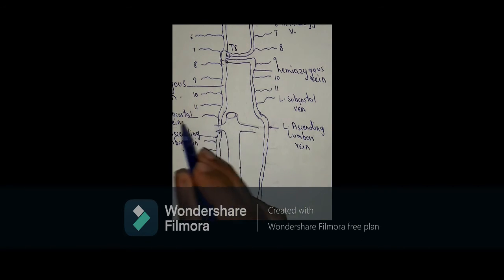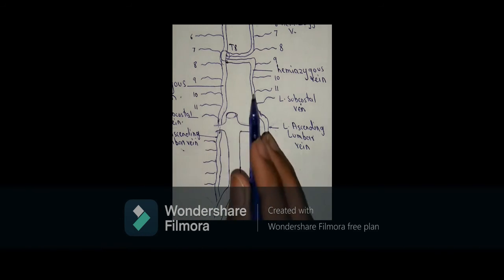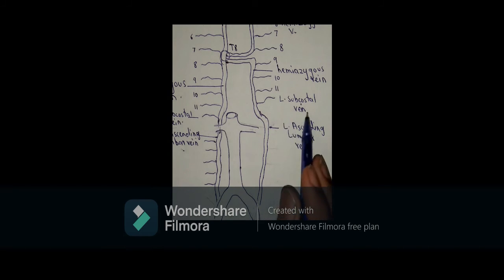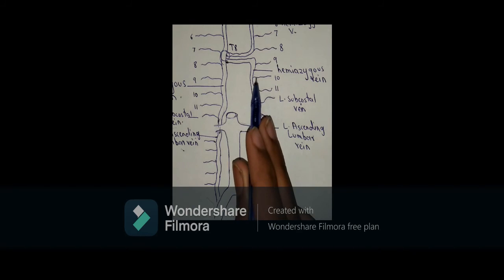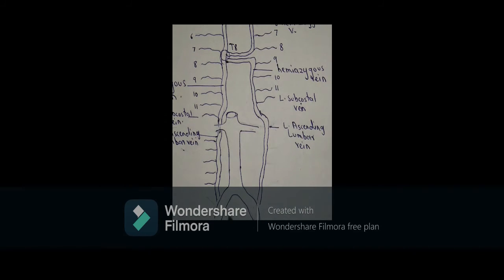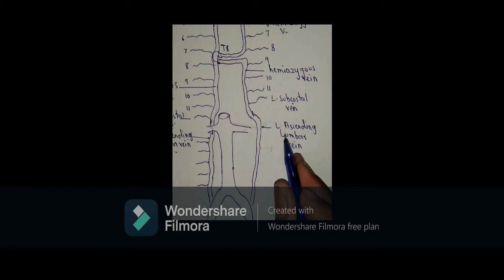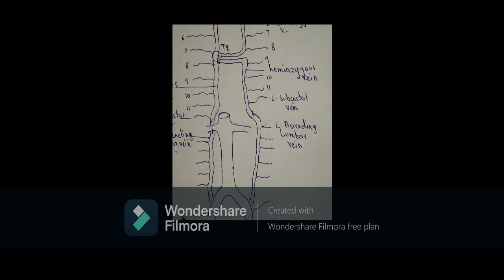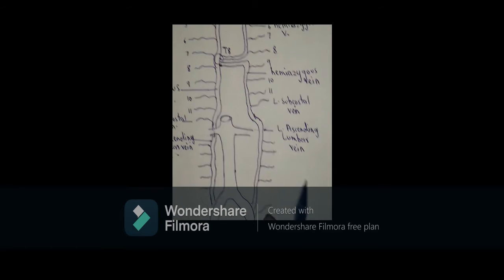On the right side, the right subcostal vein and the right ascending lumbar vein will form the azygous vein, and on the left side, the left subcostal vein and the left ascending lumbar vein will form the hemiazygous vein right here. Also, the left ascending lumbar vein will give the lumbar branches, first, second, third, fourth, and the fifth, which arises from here, the common iliac vein.